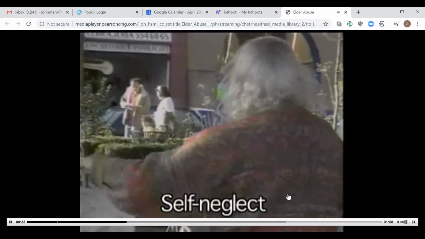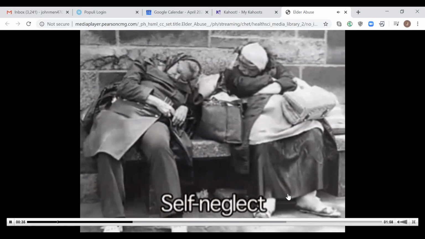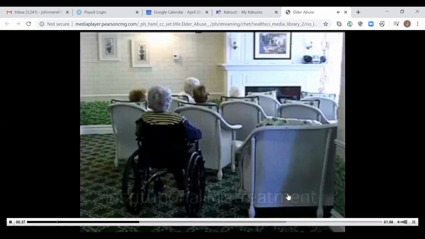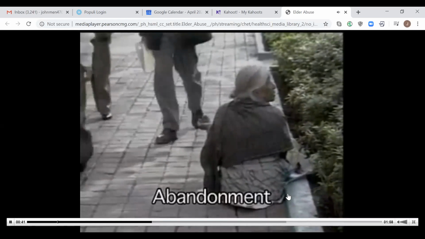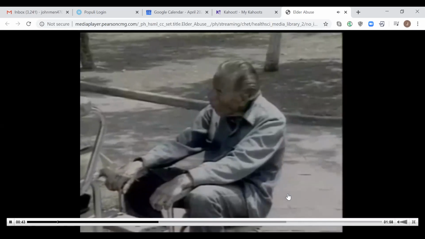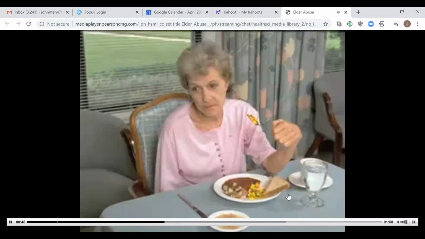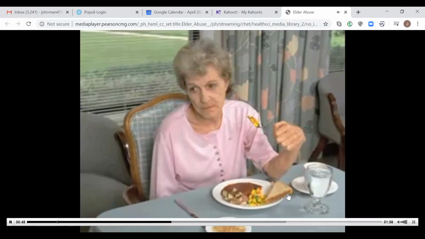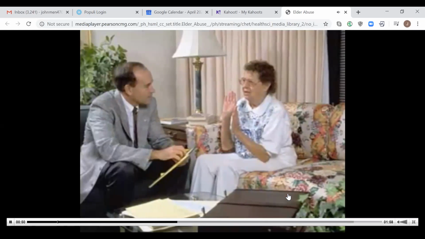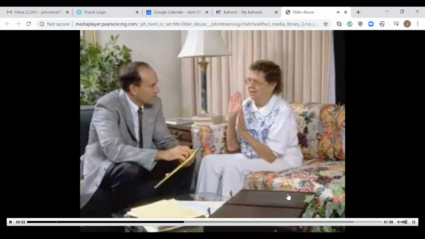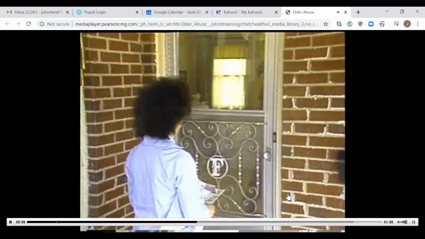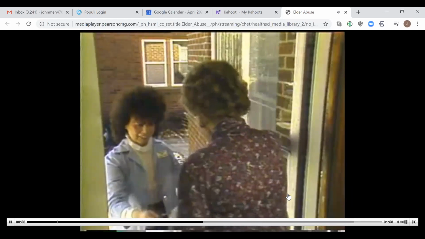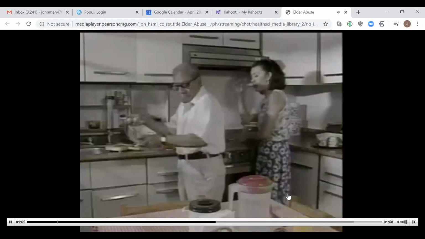Self-neglect, when the older individual exhibits personal disregard or inability to perform self-care. Institutional mistreatment and abandonment. There are approximately 1.2 million cases of elder mistreatment in the United States each year. Healthcare staff working with older adults must be aware of local elder mistreatment reporting laws. Many states have mandatory reporting laws, and healthcare professionals must, by law, report suspected cases.